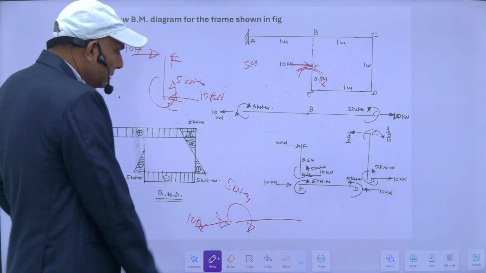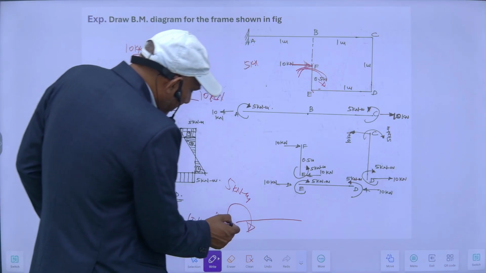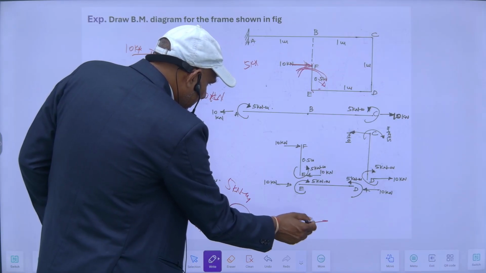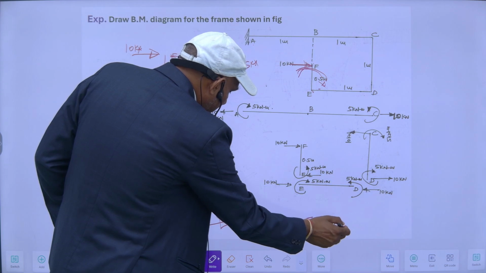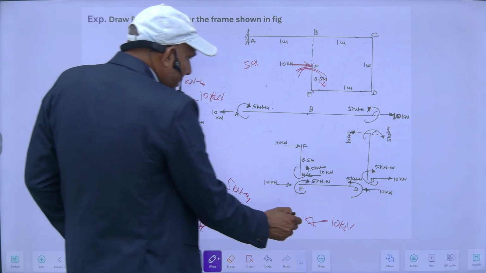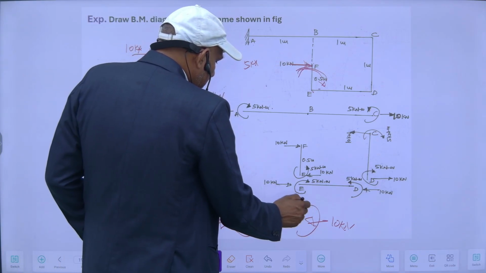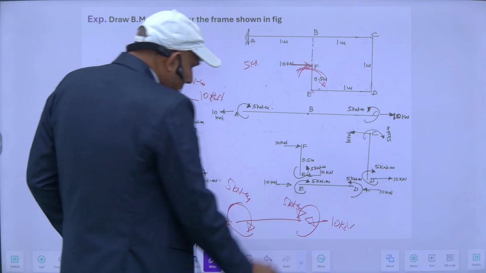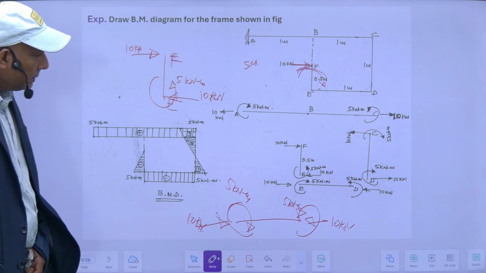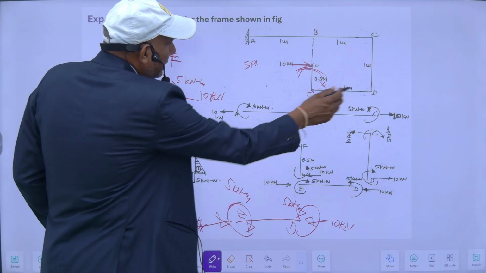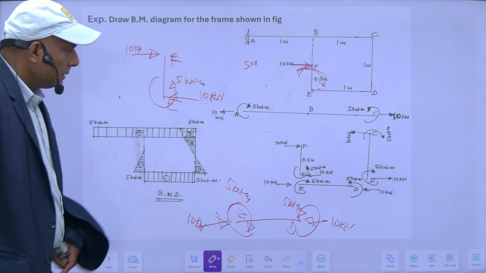Here also no vertical load. So again it will be 10 kilonewton here, and since it is in these directions, obviously this must be opposite, 5 kilonewton meter. So this is the free body diagram of this ED portion, this much, E and D. This I have shown here.